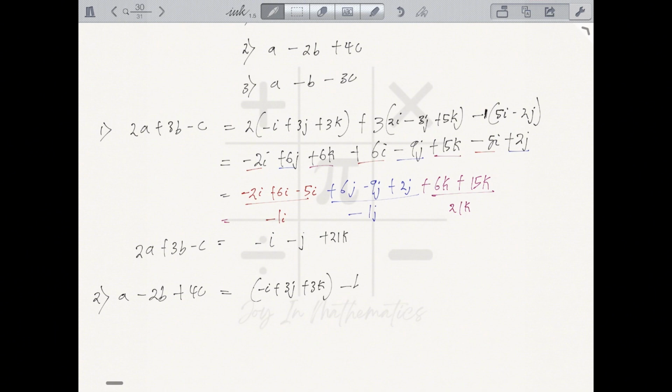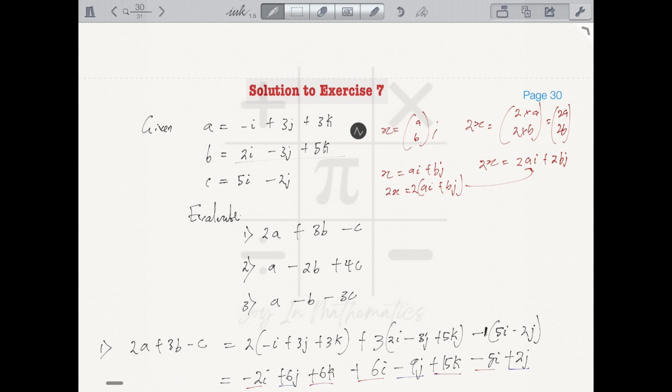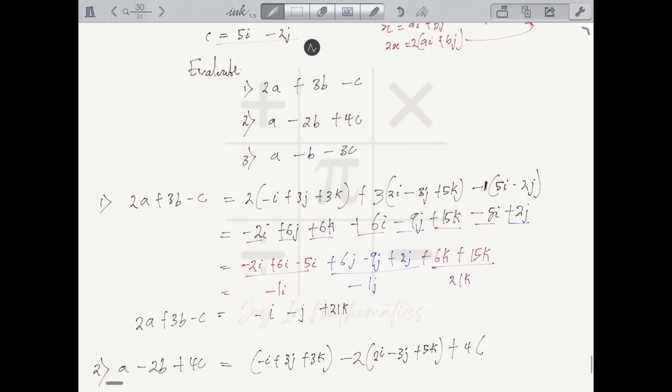Our B in the question is 2i minus 3j plus 5k. And finally, our C, which we have in the question, is 5i minus 2j.